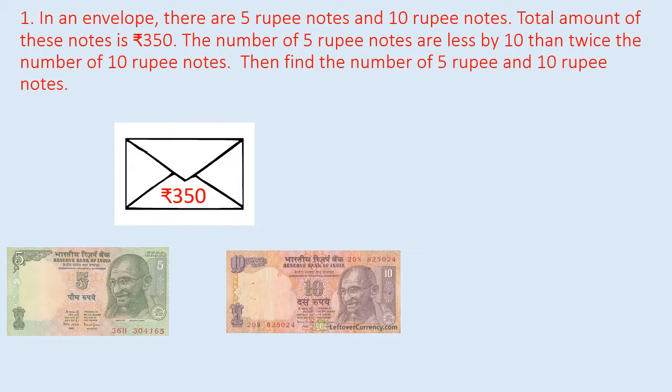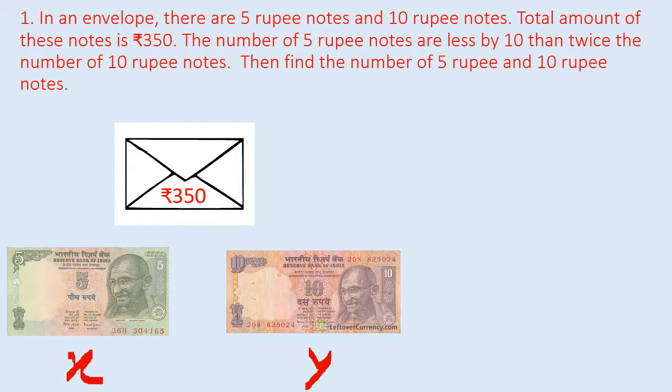So we say that let there be x 5 rupee notes and y 10 rupee notes, because only one 5 rupee note and one 10 rupee note will not make 350. So there are a few 5 rupee notes and a few 10 rupee notes, and the total of those will be 350.